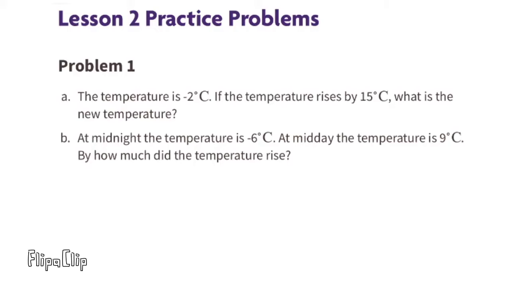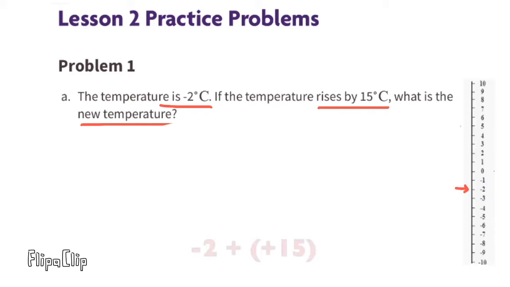Seventh grade Open Up Resources Illustrative Mathematics, Unit 5, Lesson 2, Changing Temperatures. Problem number 1. A. The temperature is negative 2 degrees Celsius. If the temperature rises by 15 degrees Celsius, what is the new temperature?